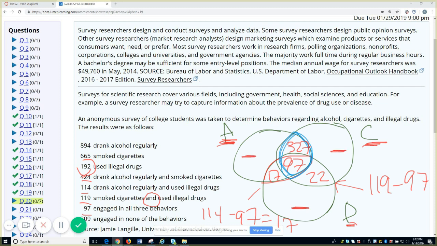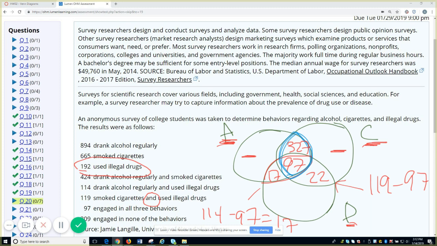However, what we're given is the totals for the drug users. So the total number of people who use drugs is 192. But that number, 192, includes 17 people who also did alcohol, the 22 people who also smoked cigarettes, and 97 who did all three things.